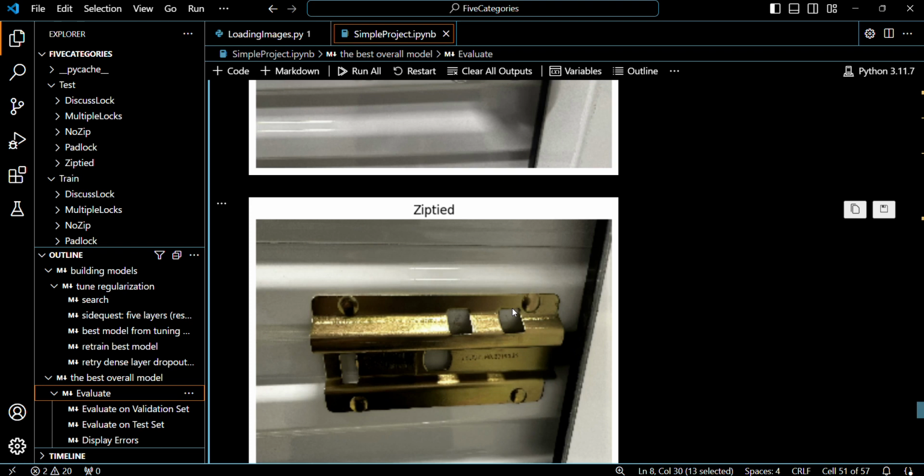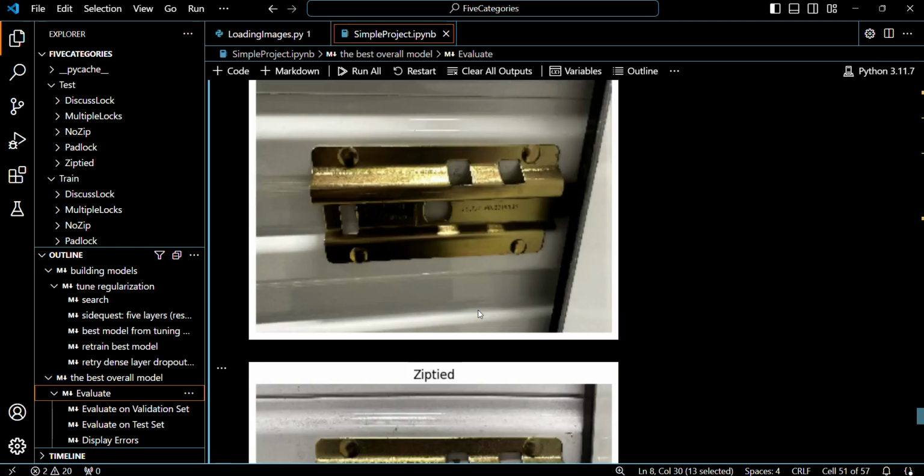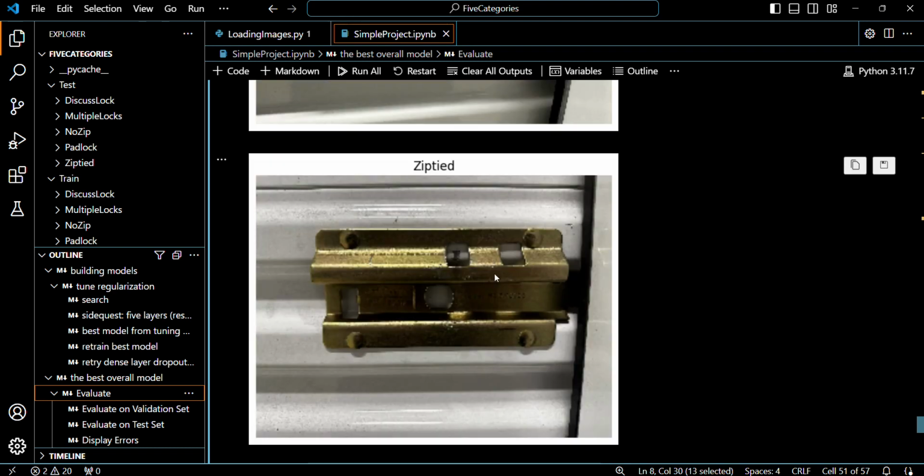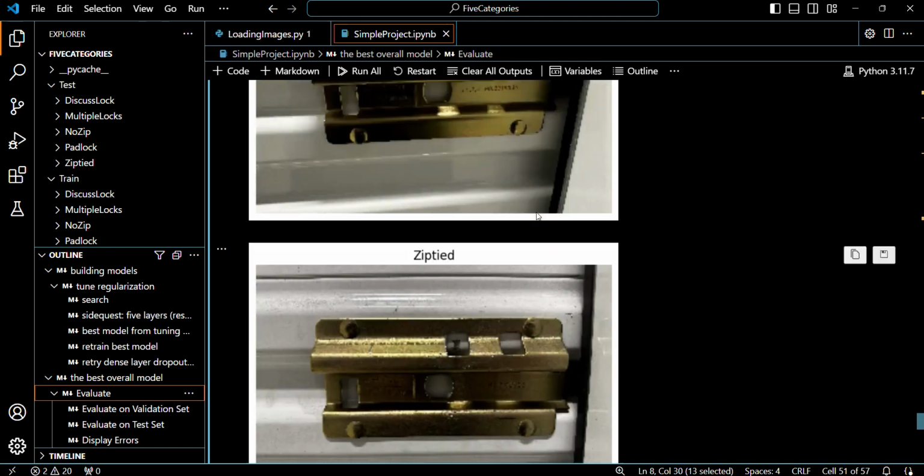didn't register the zip tie. It registered that there was no lock. I think that's what happened. It said, hey, there's no lock on this unit. It didn't find it in the feature map, and so it lumped it into this other category.